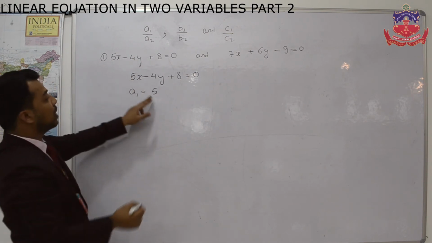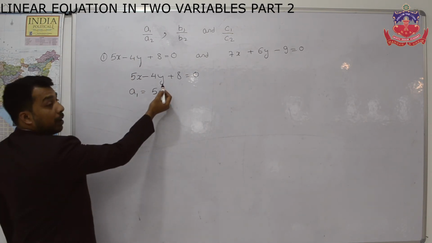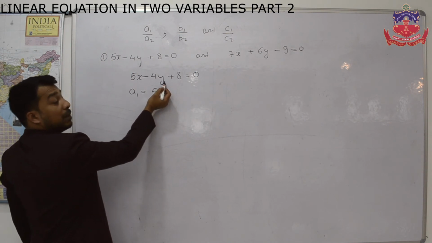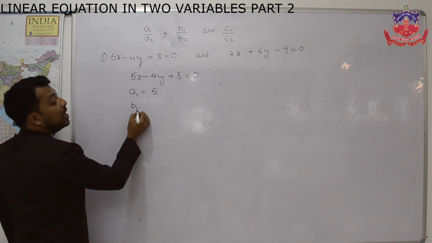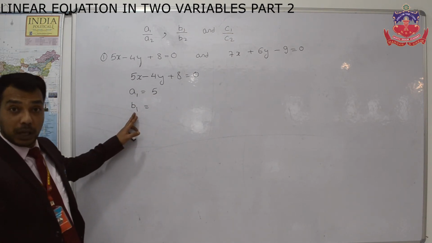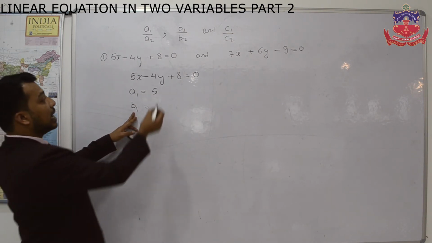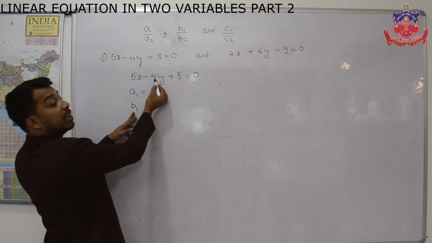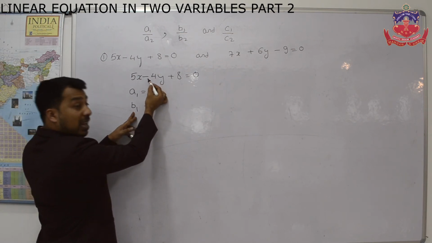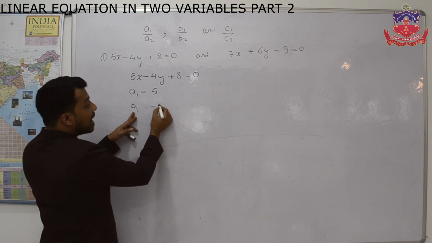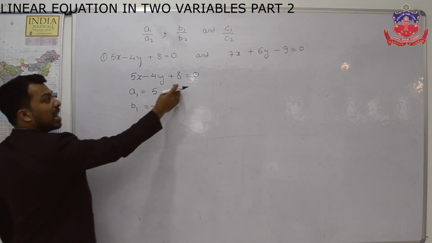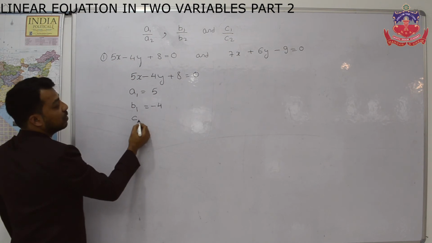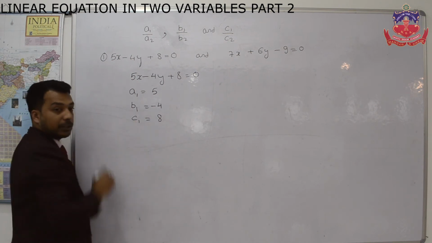It does not have a sign, so I am writing 5. Then the number multiplied with the y variable is known as b, and since this is the first equation, it becomes b1. In front of y you have 4, but it has a minus sign, so we write the minus sign also. Then the last constant is c1, that is plus 8.